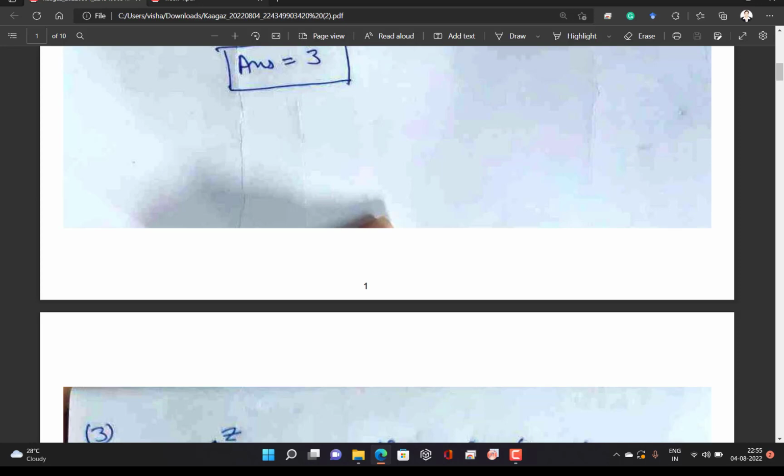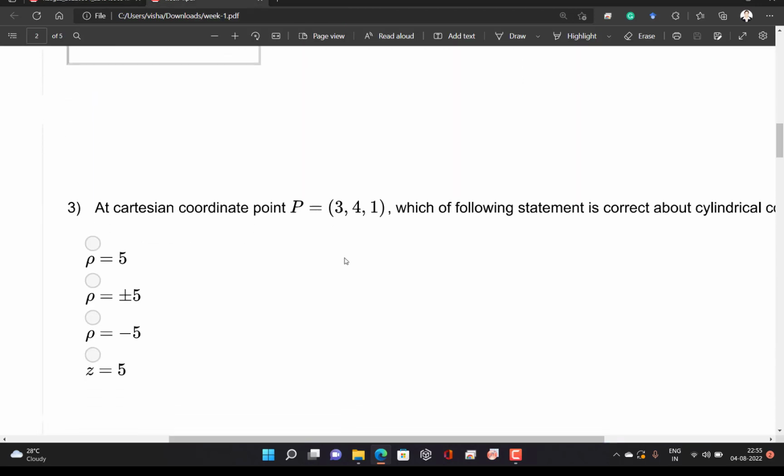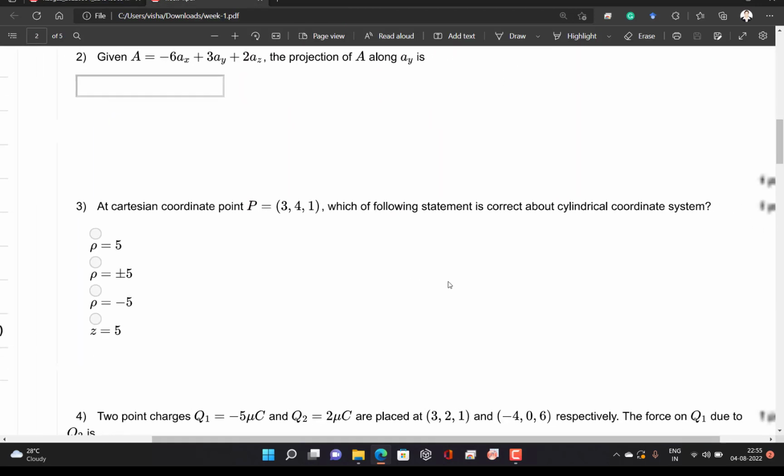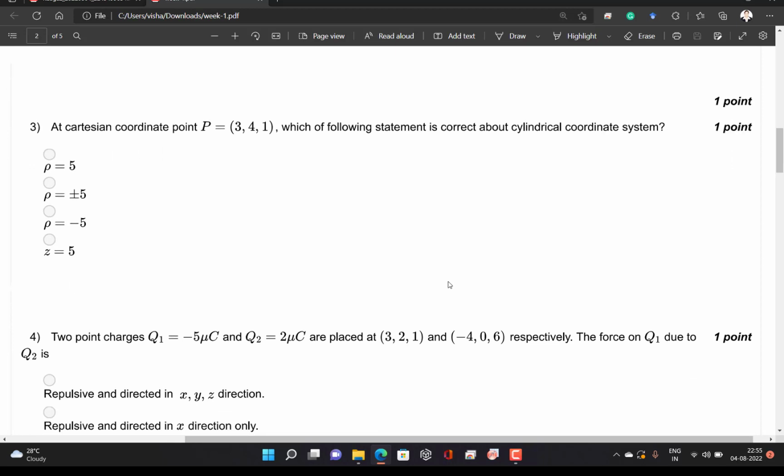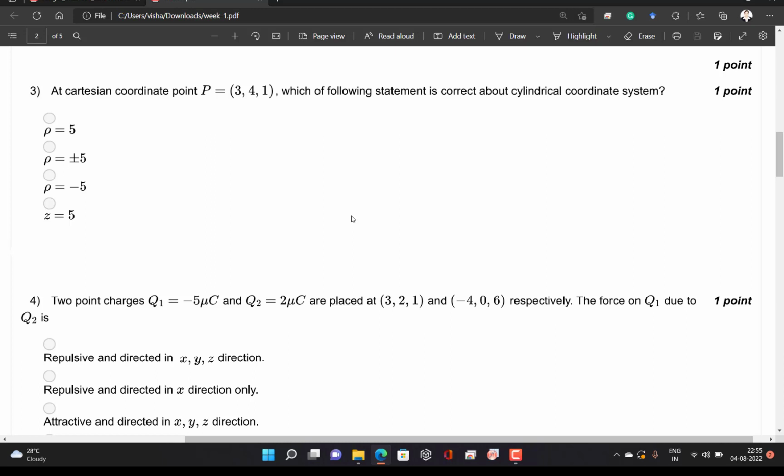Okay. Now let's go to the third question. So here the third question is for 1 point. The third question here is, at Cartesian coordinate point P is equal to 3, 4, 1, which of the following statements is correct about the cylindrical coordinate system? Okay. So this is the question.